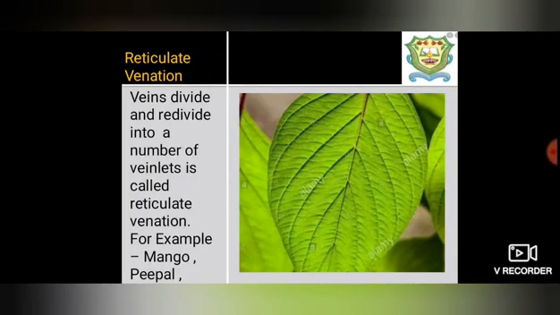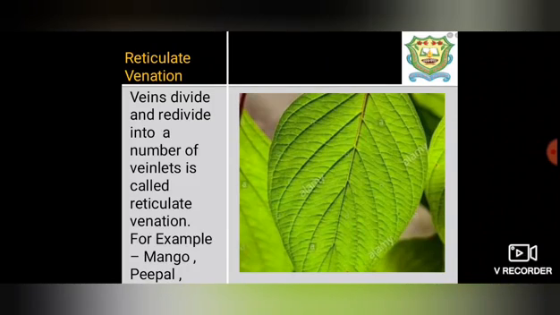Reticulate venation. Veins divide and redivide into a number of veinlets is called reticulate venation. As you see in the diagram, when veins show a network or web-like arrangement all over the leaf blade or lamina, it is called reticulate venation.